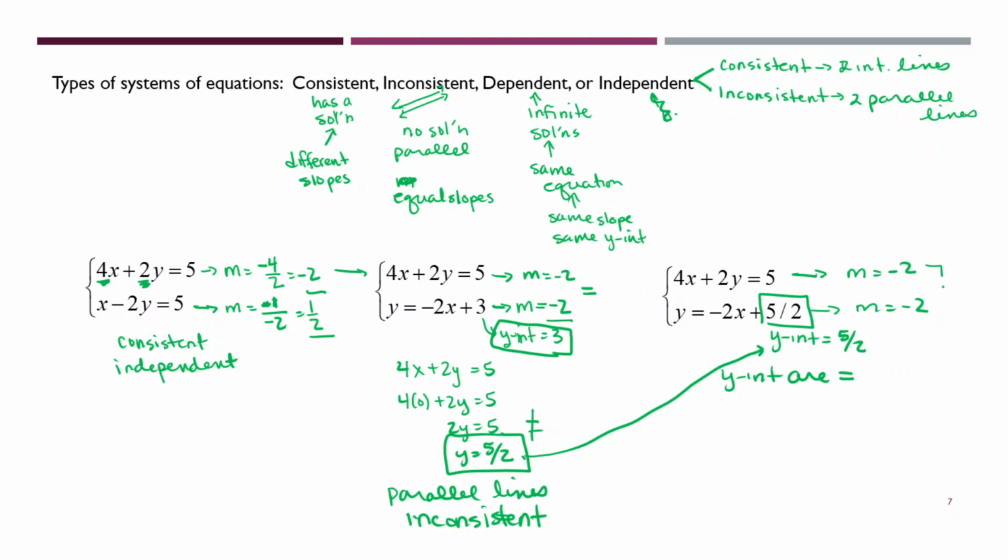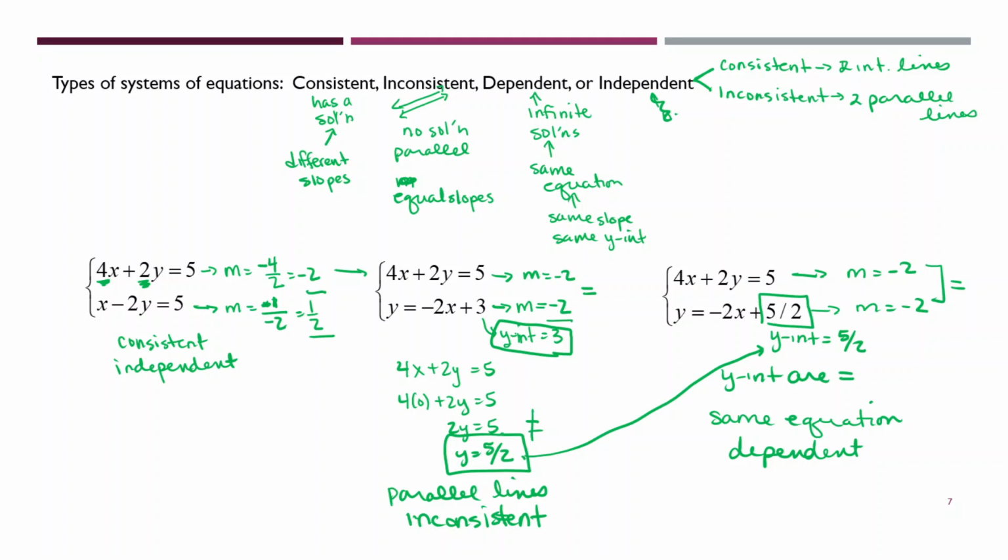Therefore, our slopes are equal, our y-intercepts are equal. So these are actually the same equation. So we would call these dependent. Okay. So I don't have to graph them to figure it out. I have to look at their slope and their y-intercept, and then I'll know everything I need to know.